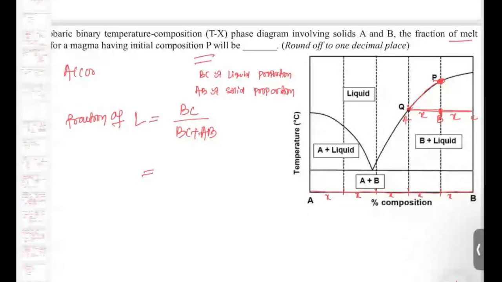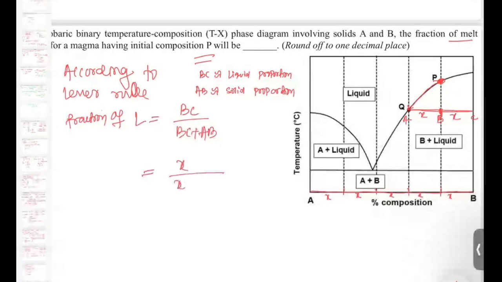So this is x divided by x plus x. It should be 1 by 2 or 0.5. The answer should be 0.5, right? Have you understood?